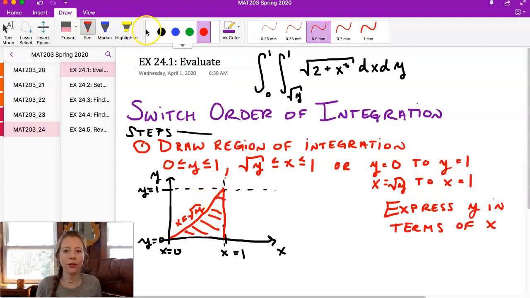And another way to write this then would be that the curve is y is equal to x squared. Okay, so knowing this, we have to move on now to our second step. So let's continue.